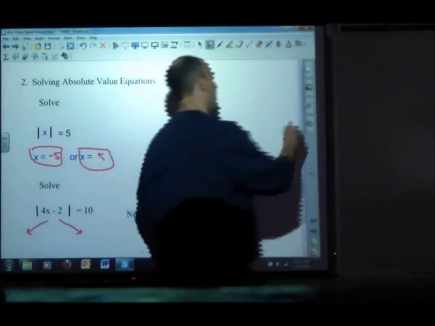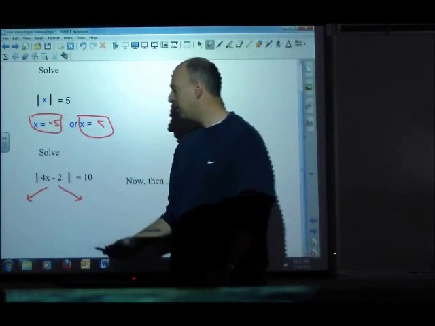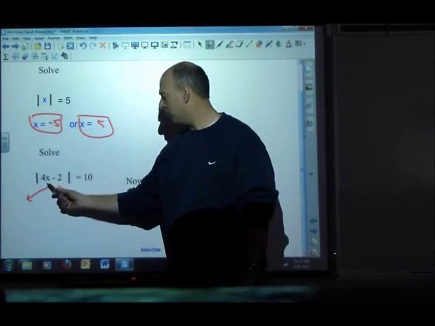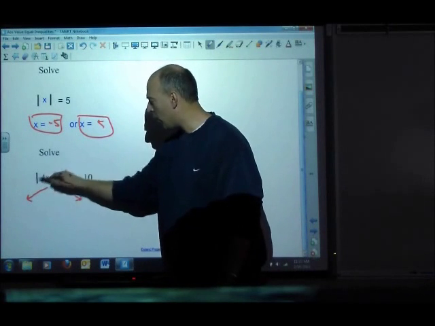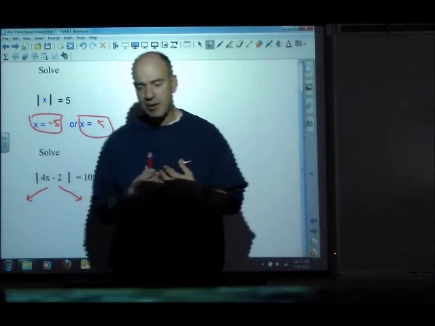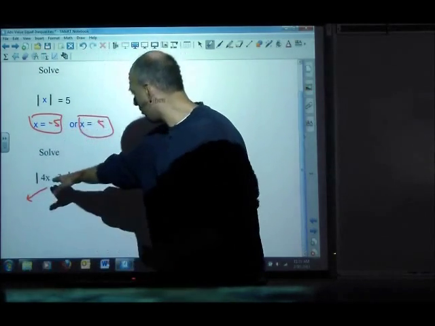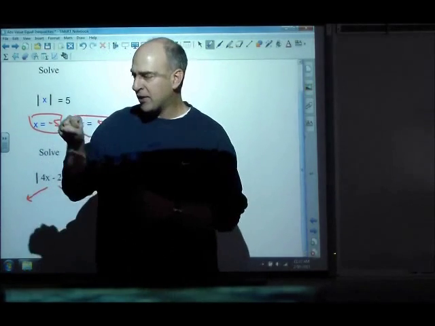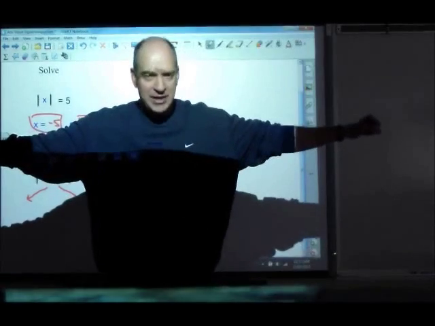When you get an absolute value equation with a variable in it, like solve the absolute value of 4x minus 2 equals 10, realize that I'm saying when will this be 10 units away from 0. If my body is at the number 0, and I want this to be 10 away from 0, that can occur at -10, or at +10.